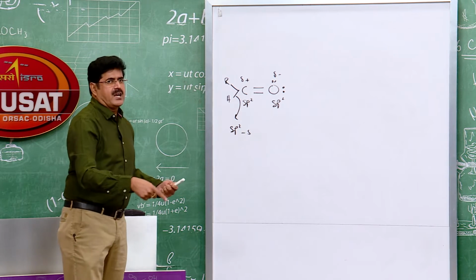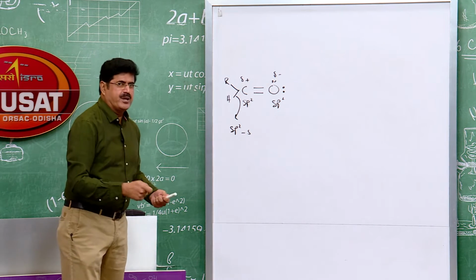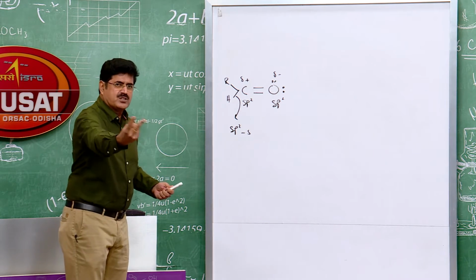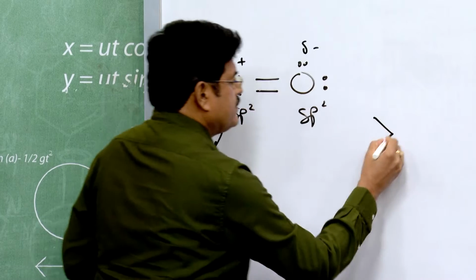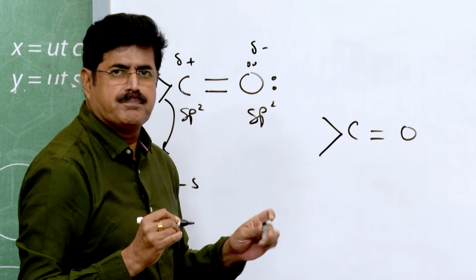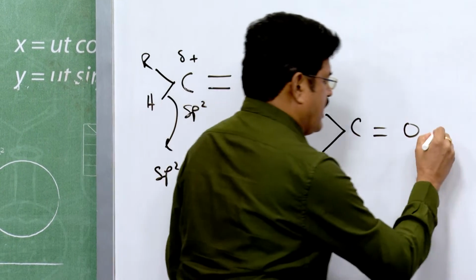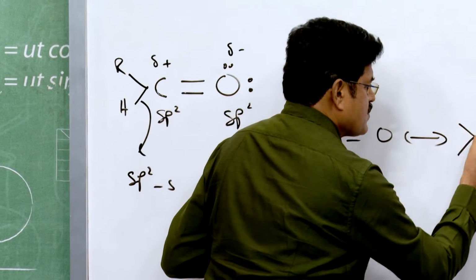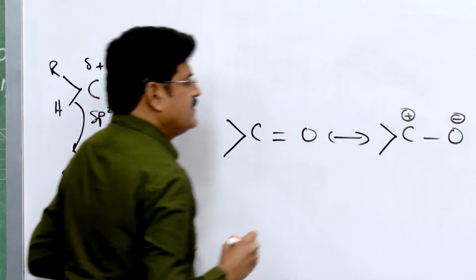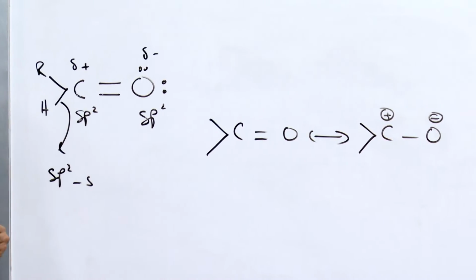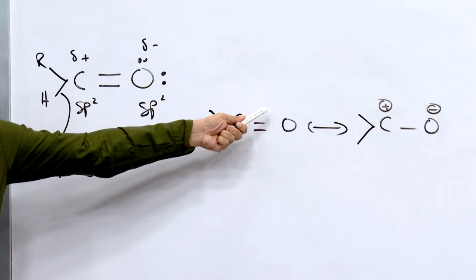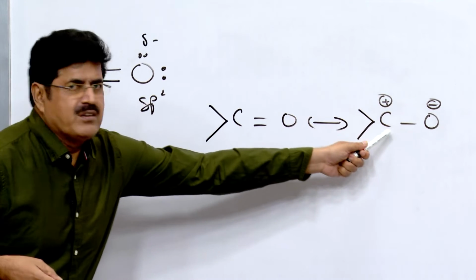So for the carbonyl group I can write two structures without disturbing the position of any one of the nuclei here. See, the carbonyl group is a resonance hybrid of two contributing structures, and this is one of the contributing structures.